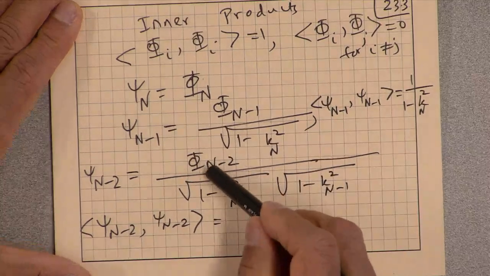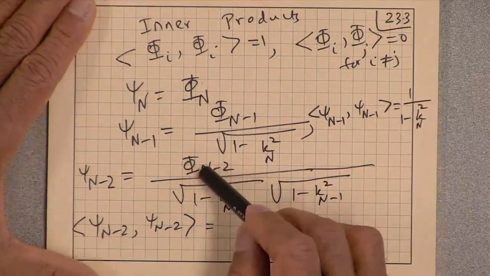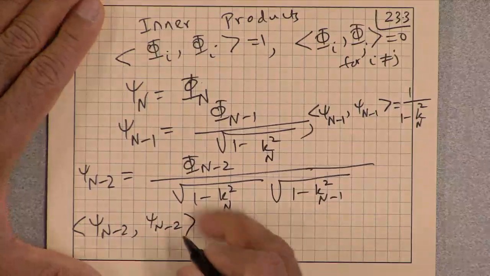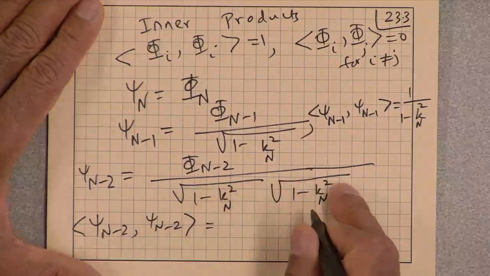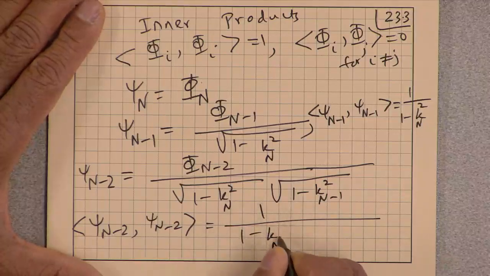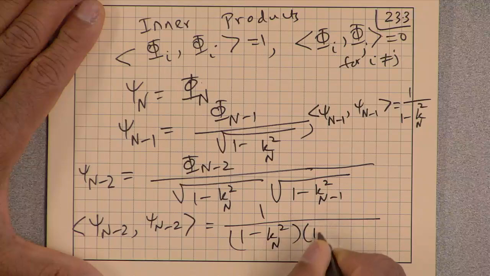Again, the numerator inner product of phi n minus 2 with itself is 1 because these are orthonormal, and then you just square these quantities. So this becomes 1 over 1 minus kn squared times 1 minus kn minus 1 squared.